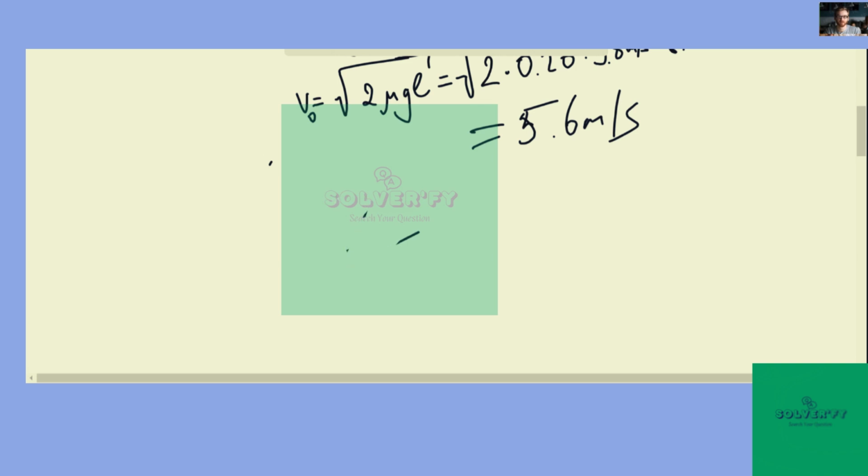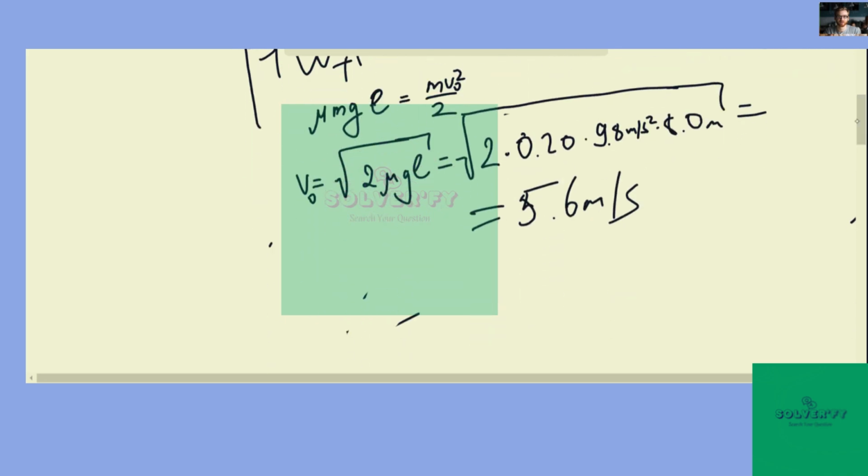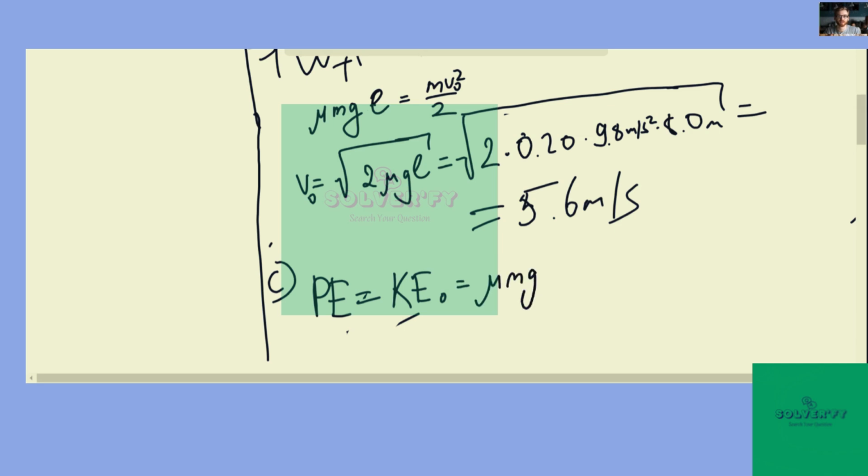The initial potential energy of the deformed spring equals the kinetic energy of the block when it's released, and it also equals the work of the friction force, because all the initial potential energy is transformed into the work of the friction force.